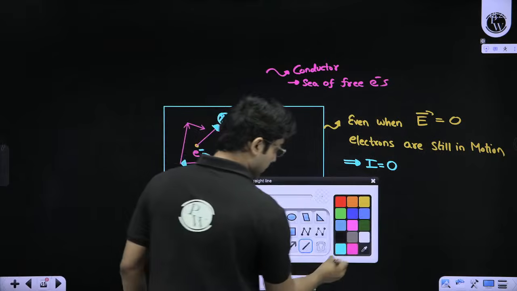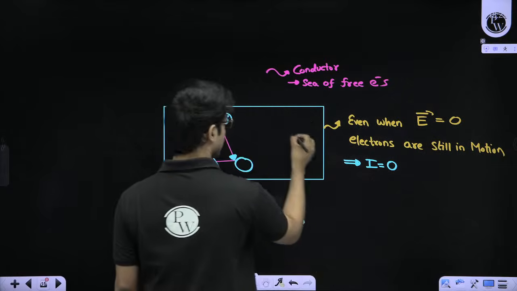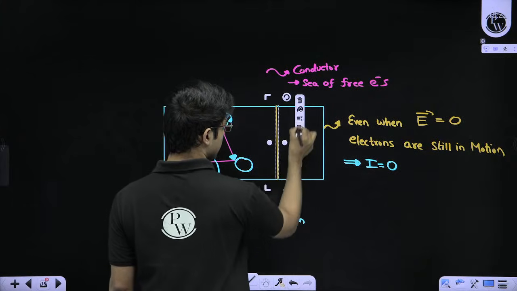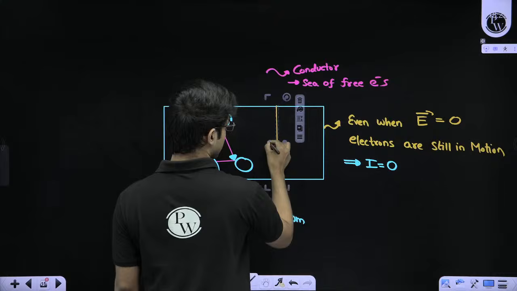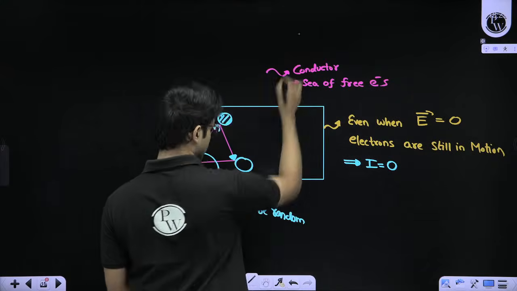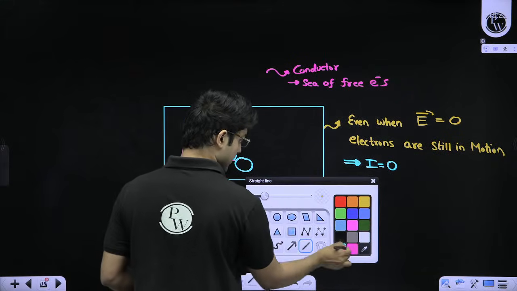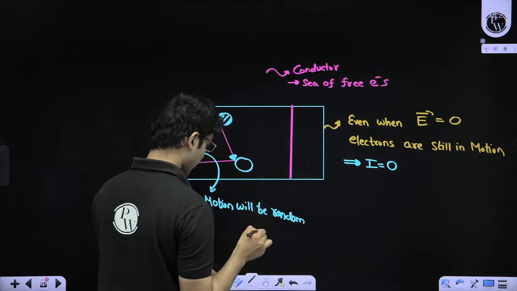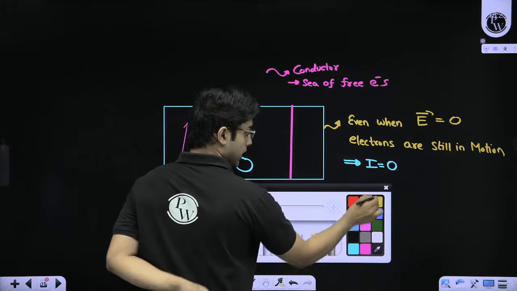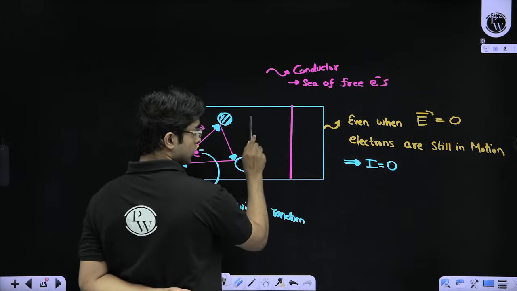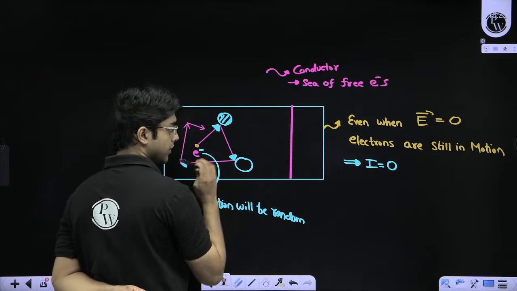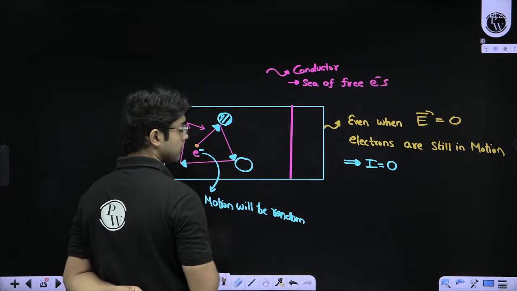If you take a cross-sectional area, and for current you always need a cross-sectional area, right? So if we take a cross-sectional area somewhere like this, for current I need to find out the total charge crossing this cross-sectional area in a given time dt, or given time t.